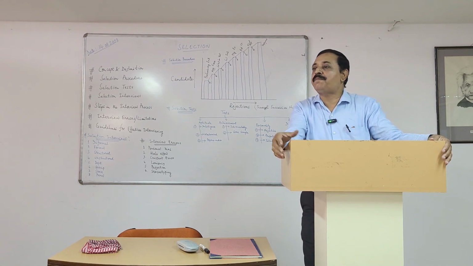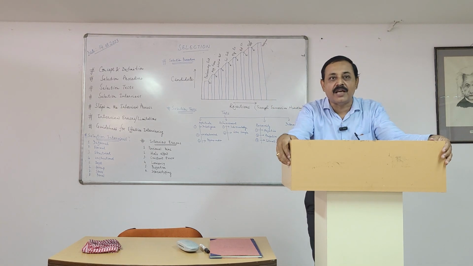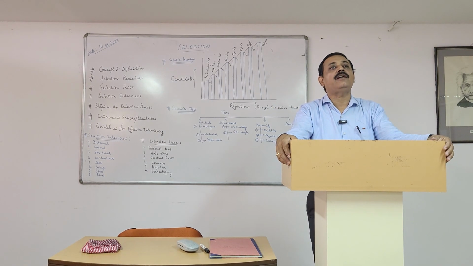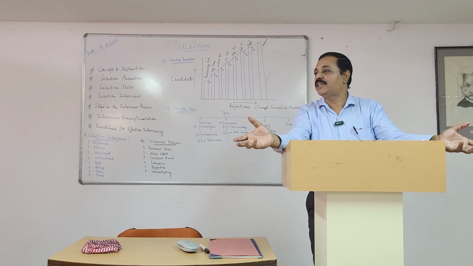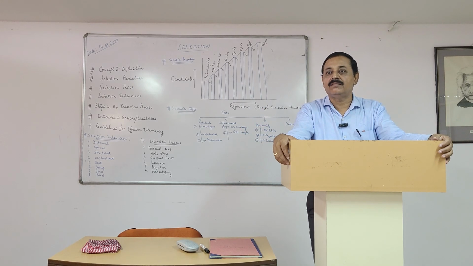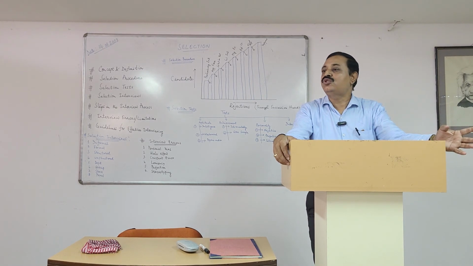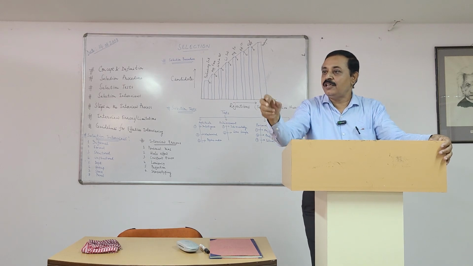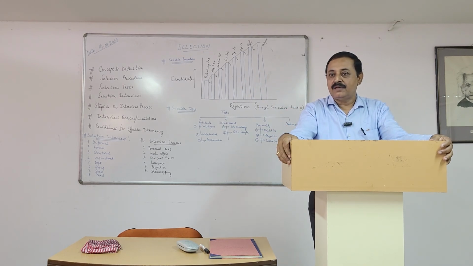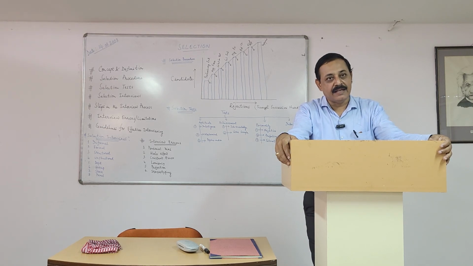Therefore, there is a likelihood of rejection of the candidates in each of these stages or steps. Our objective is also that one only. We need to eliminate unsuitable candidates in order to have the most suitable candidates for our organization.